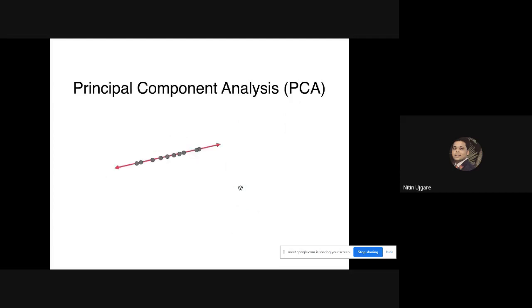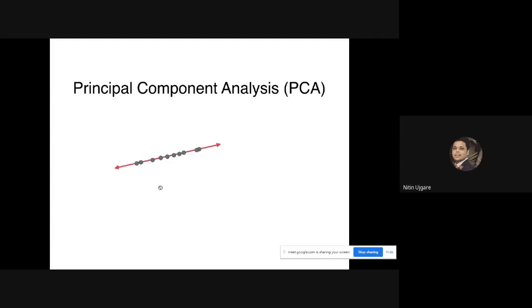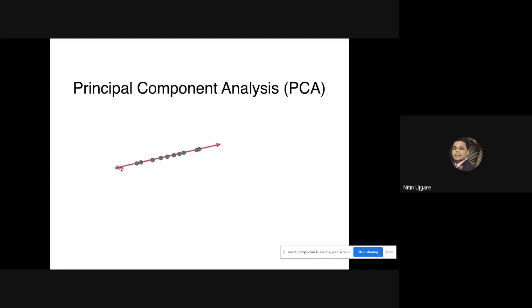Using the first eigenvector, which has the magnitude 11 and the direction 2 units right and 1 unit up, we transform all our two-dimensional input instance space to a one-dimensional input instance space, because we have one eigenvector. Simply, this is the principal component analysis.